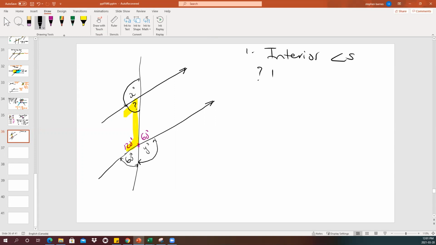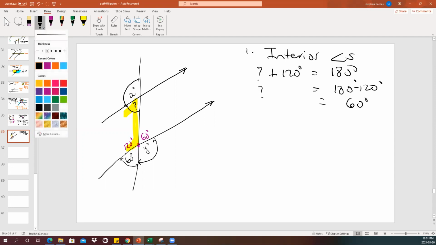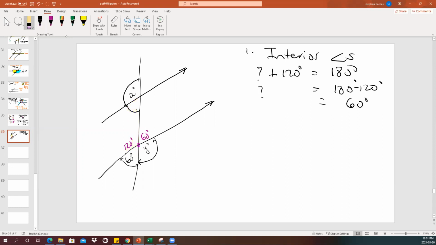So our question mark angle plus 120 should give us 180, which means that our question mark angle is 180 minus 120, which is 60 degrees. So I can take out my question mark, and instead I can put 60 degrees because I have found it. I'm going to highlight it because it's an angle that we just found. It wasn't given.